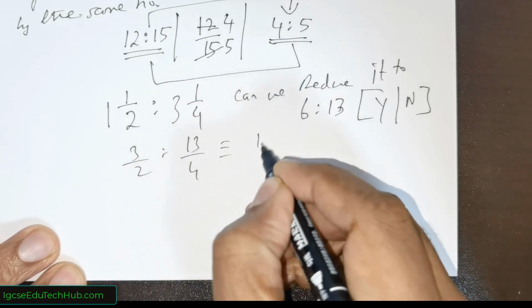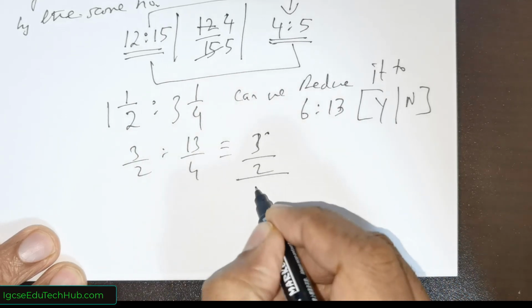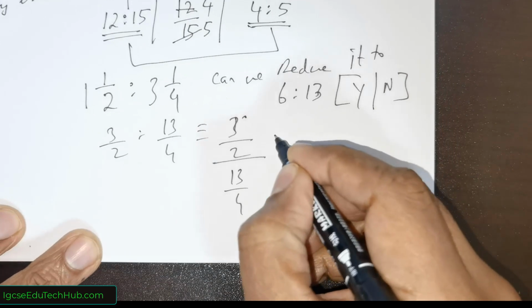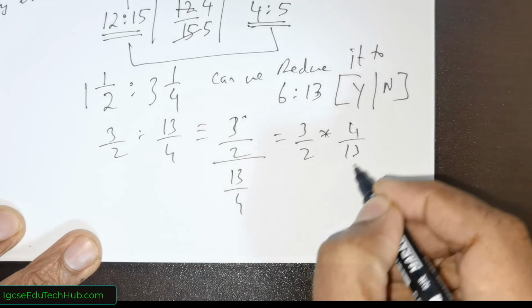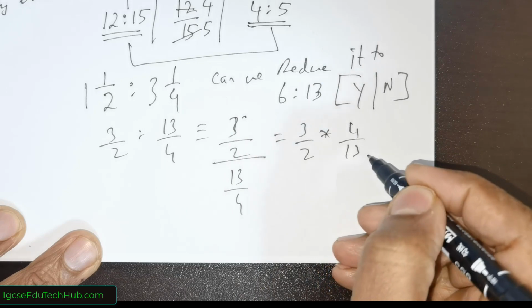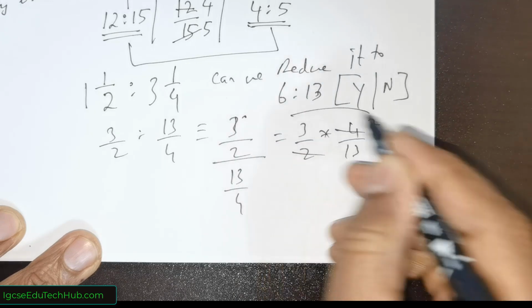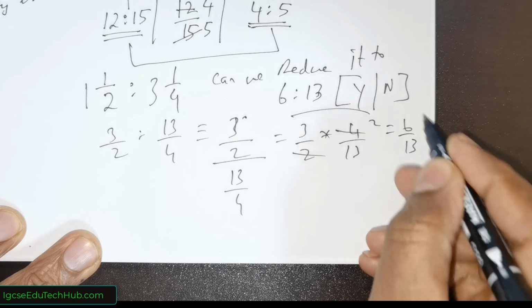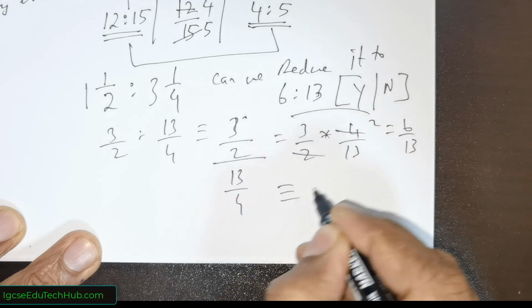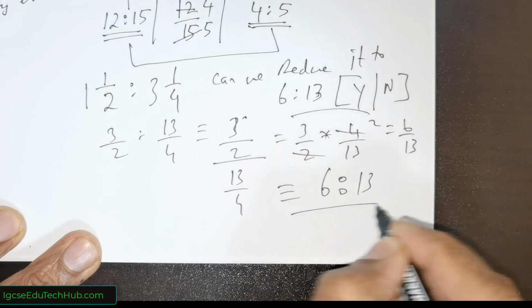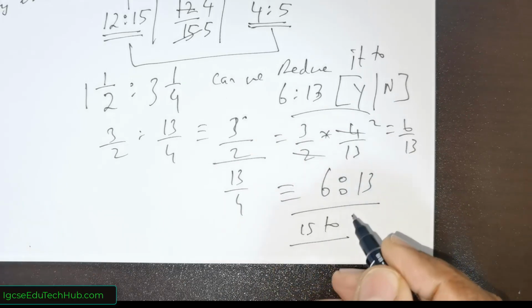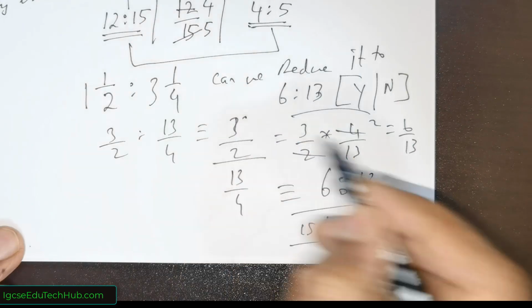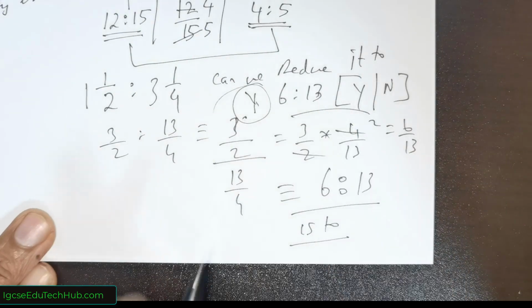Now this is equivalent to 3 over 2 divided by 13 over 4. This can be rewritten as 3 over 2 multiplied, flip it, by 4 over 13, and 2 divides 4, 2 times 3 is 6, over 13, and in ratio form I can rewrite it as 6 is to 13. You can also say it like that. So yes, the answer is yes.